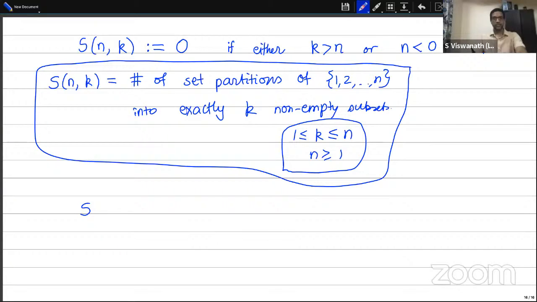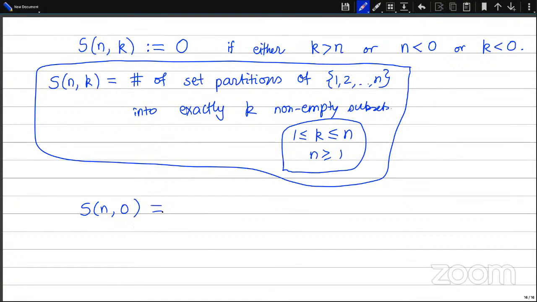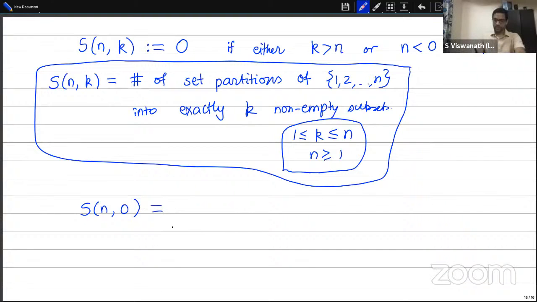Let me tell you what the convention is for 0. S(n, 0), I will want to put as 0, if n is at least 1.